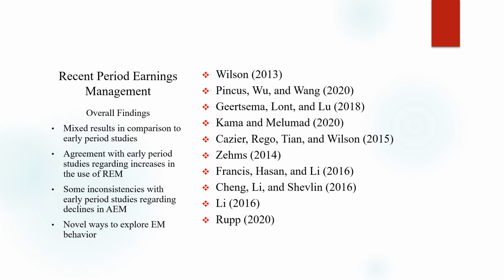And then there's another series of papers which follow here, which offer more evidence on this. If you look at the Gertsman, Lott, and Liu paper of 2018, what they found is that new CEOs try to avoid the downward earnings management following Sarbanes-Oxley.